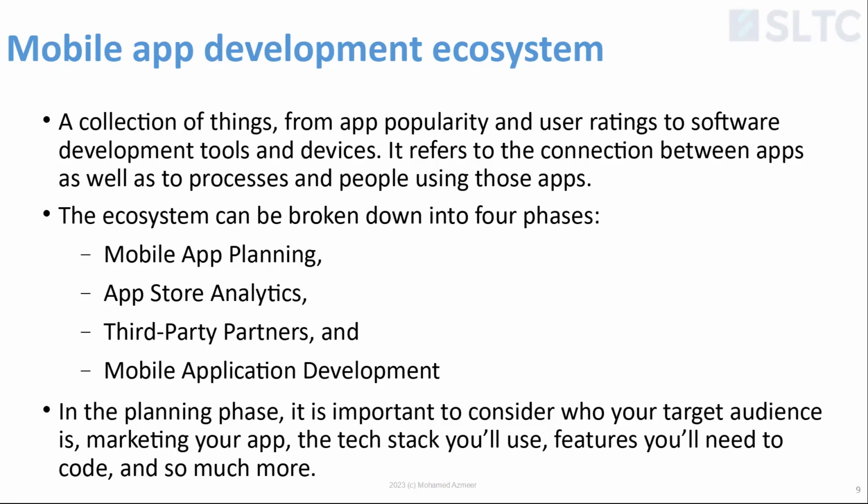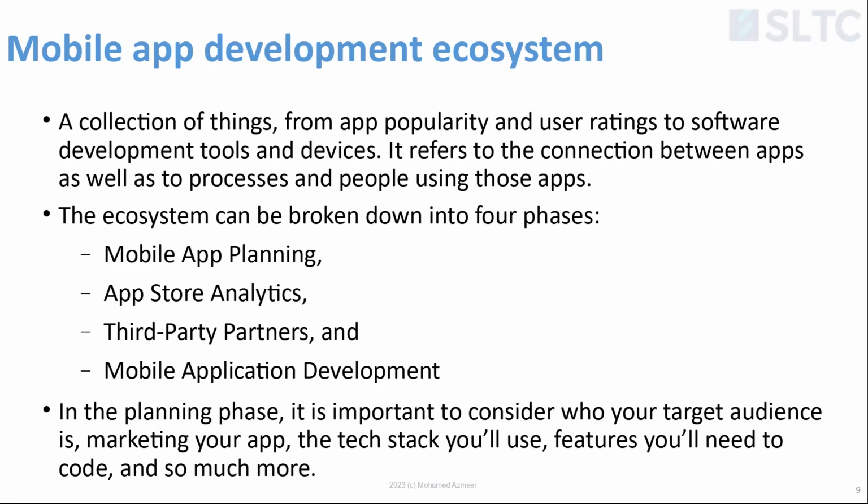And also development, and there is a lot of stuff that goes into the UI development part. We will discuss that later. And then App Store analytics. Now, all apps that we develop go through the App Store. That's where the customers are locating, downloading, and installing the app. There may be other third-party partners we may need, for example, payments.